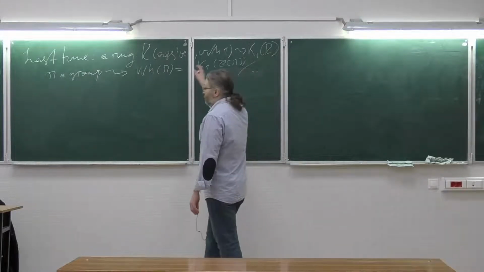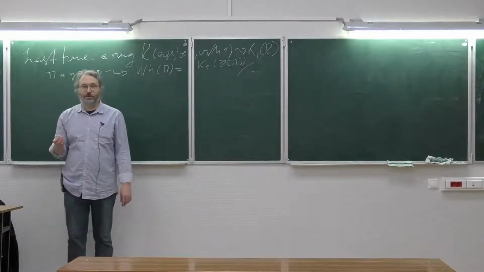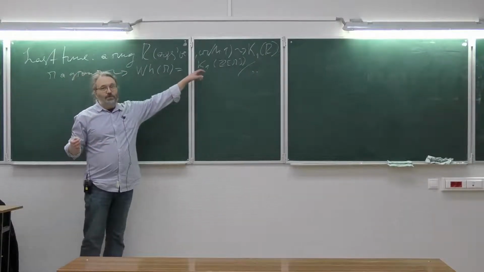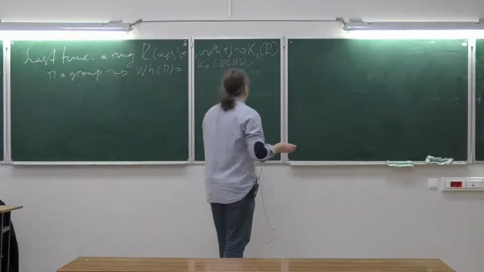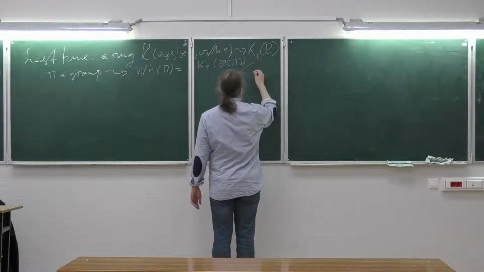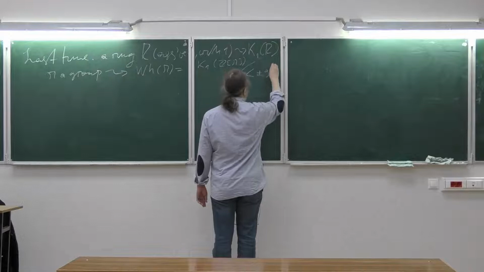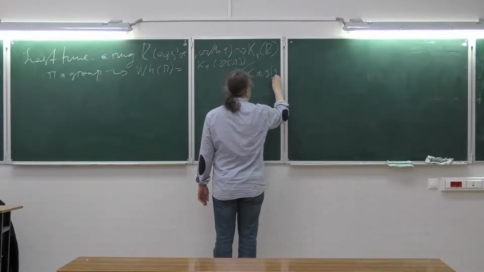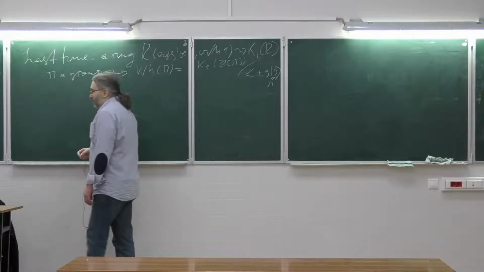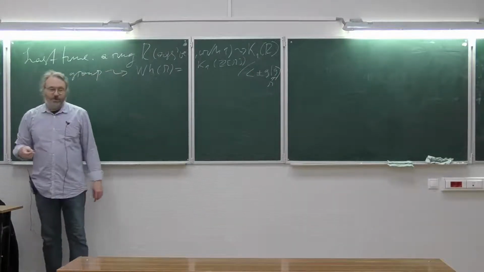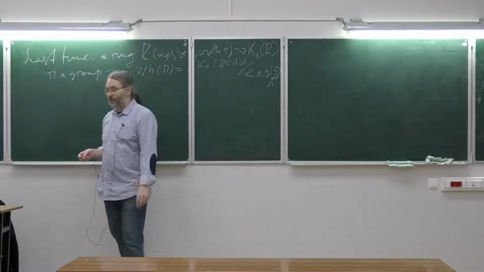defined the Whitehead group as the quotient of the K1 of the group ring by some subgroup, which is generated by the matrices plus minus g, for g in pi.